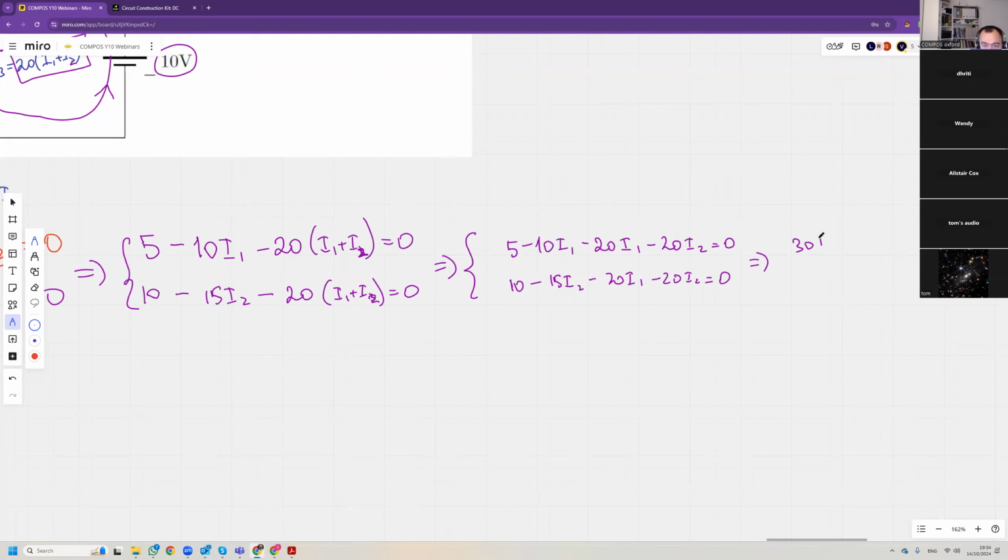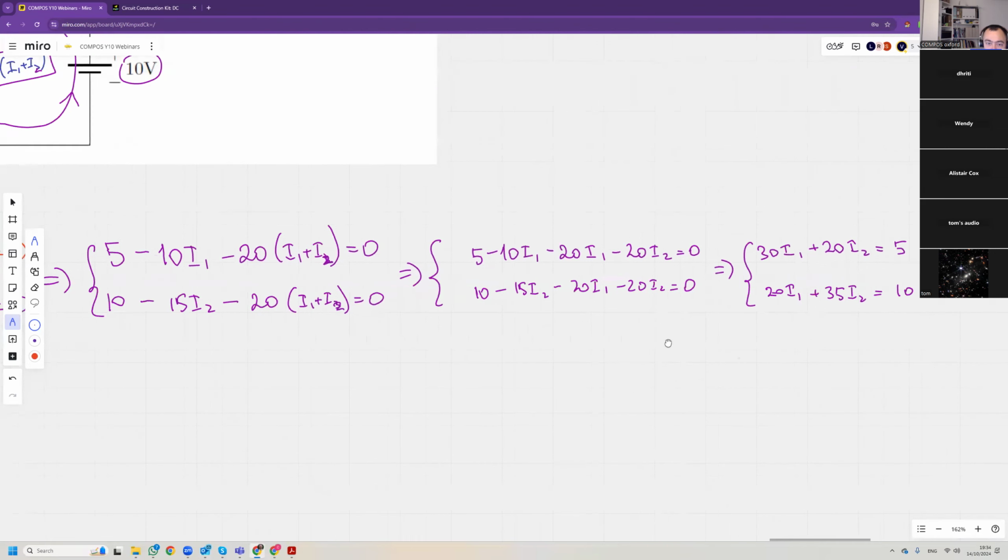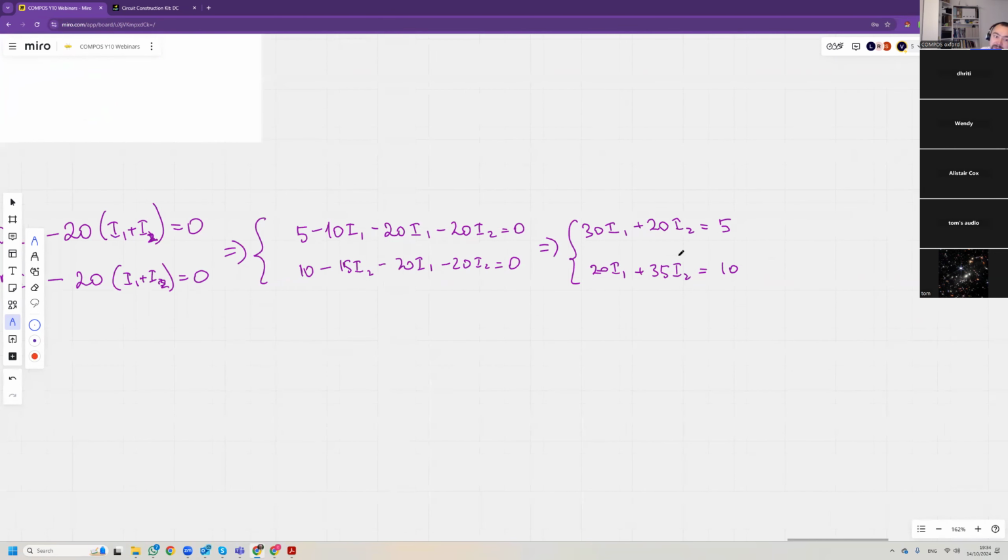So 30 I1 plus 20 I2 equals 5, and 20 I1 plus 35 I2 equals 10. Whichever way you like.